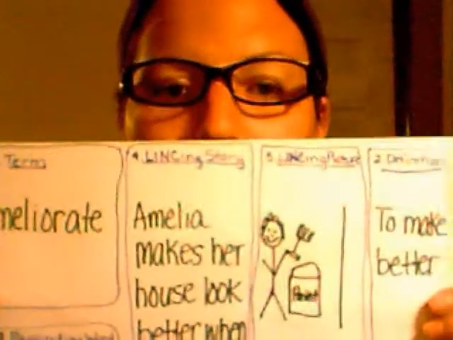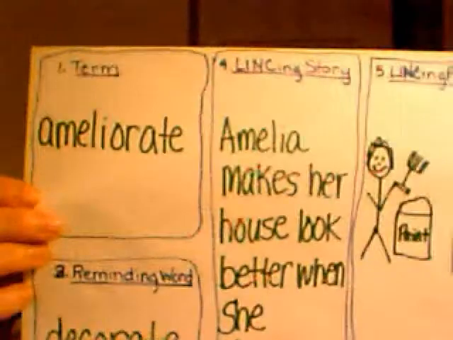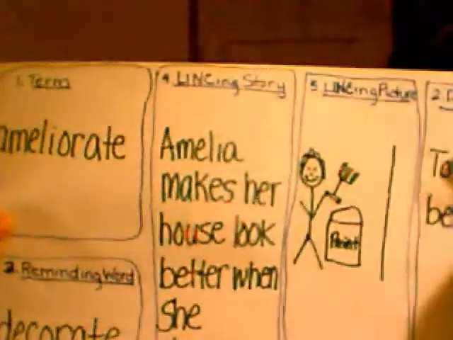All right. So now I have a term, I have a definition, I have a reminding word, and I have a linking story that's represented by the picture. So let's look. All right, so again, we have ameliorate.